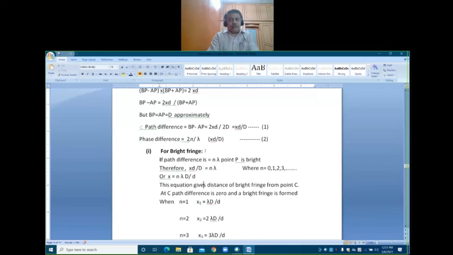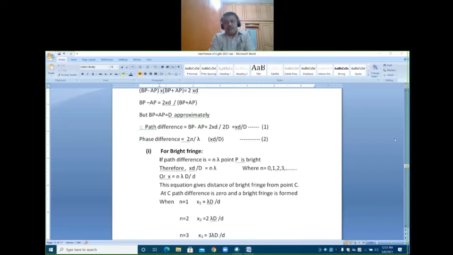This you have to remember always: for a bright condition, if the path difference is an integral multiple of lambda, so if it is n times lambda, then P will correspond to a bright fringe or a constructive band. The path difference is xd by D. If xd by D is equal to n lambda, you put this condition. If this is satisfied, then P is bright, where n can take values 0, 1, 2, 3.